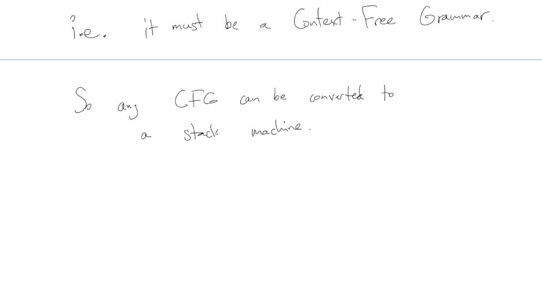Now you may realize what I mean. If somebody approaches me at the club or something and asks me to create a stack machine for a particular language, to me, the easiest way to do that is to make a grammar and then convert it to a stack machine. I find that to be much easier than just trying to invent a stack machine out of nowhere. Because, I don't know, I find it easier to make a grammar for something.